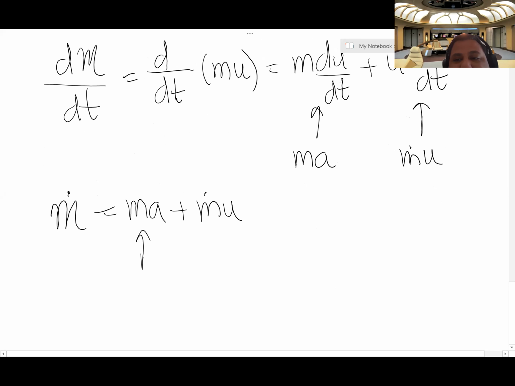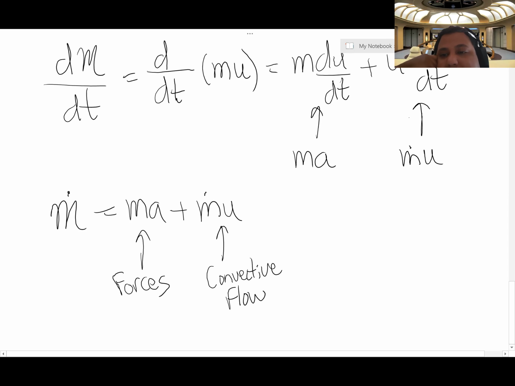Mass times acceleration implies I'm looking at forces within my system. Mass flow rate times velocity indicates I'm looking at convective flow, which with it brings changes in momentum to my system.